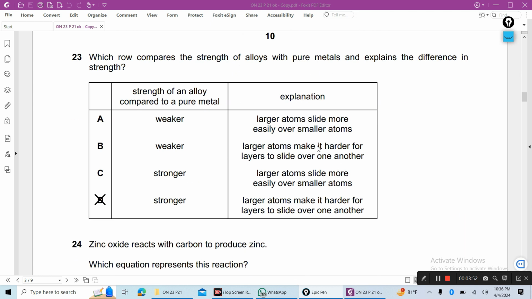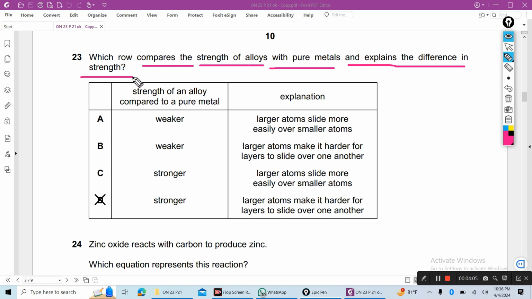Then 23. Which row compares the strength of alloy with pure metal and explains the difference in strength? You know, alloy is stronger, so the answer is C or D. D is the correct answer.